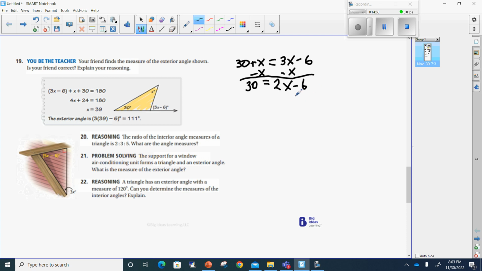Now we're going to add 6 to this side, which means I'll add 6 to this side. This will give me 36, because 30 plus 6 is 36, is equal to 2x. We're going to divide 2x by 2 to isolate x.